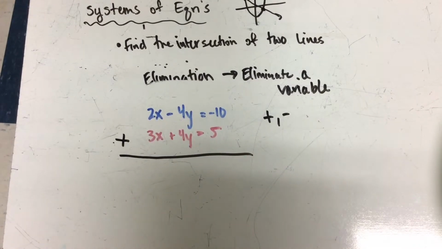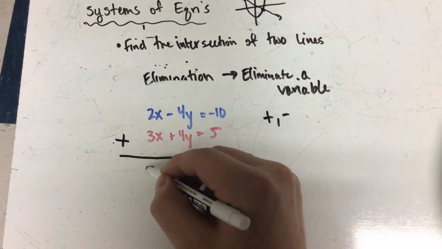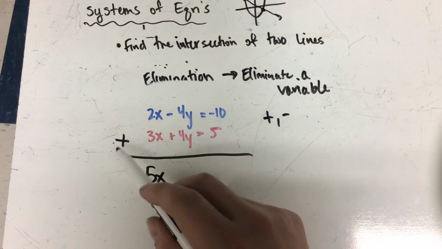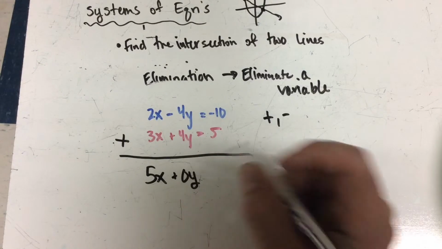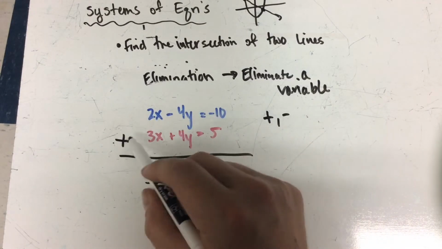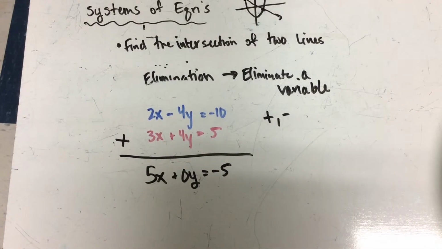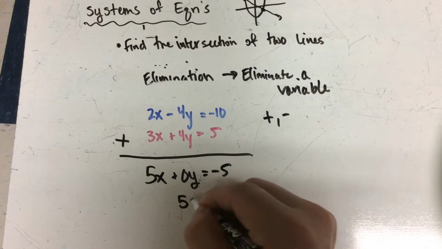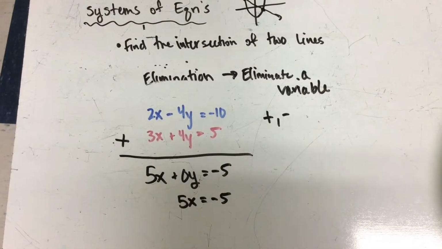So if we add, 2x plus 3x is 5x, negative 4y plus 4y is 0y, and negative 10 plus 5 is negative 5. If we clean this up, we're going to have 5x equals negative 5. The next step here is to solve for x.